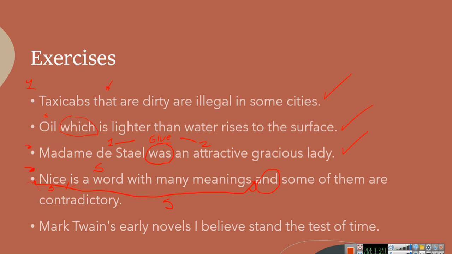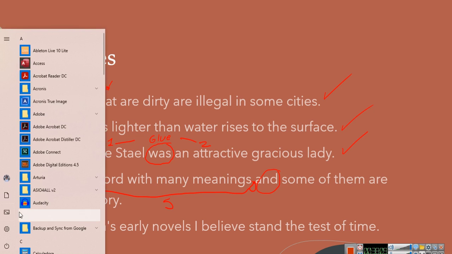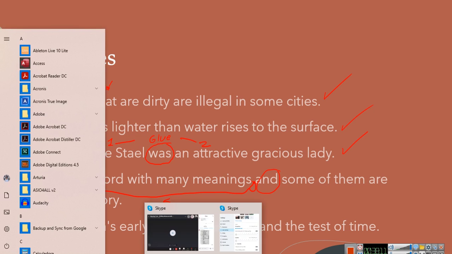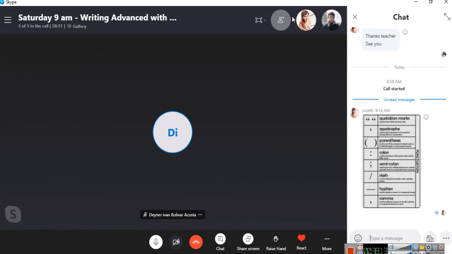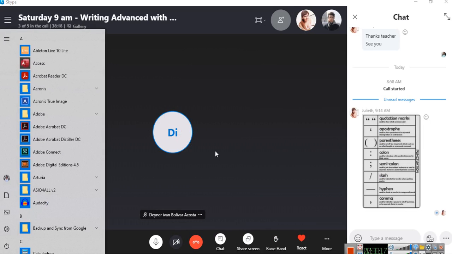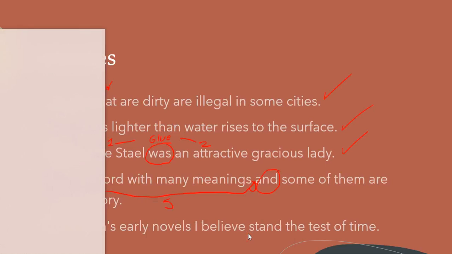And some of them are contradictory. All right, you got it. Now, I'd like to also have some answers from Daner. Daner, if you can type the answer of the final exercise, it will be really good.